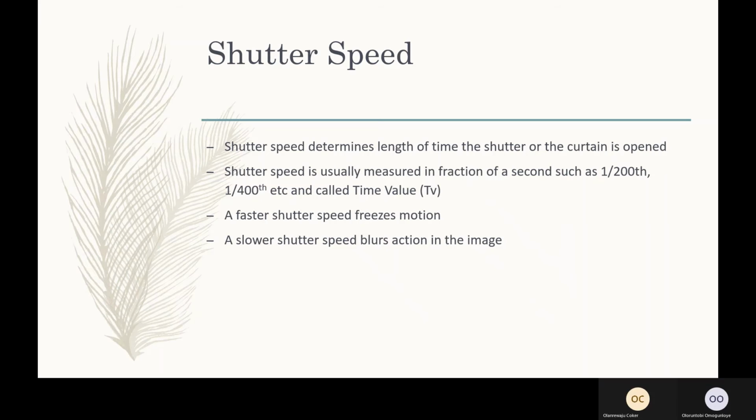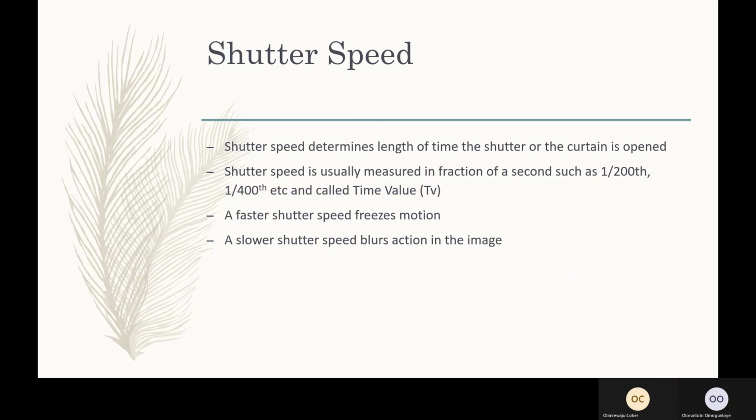The next thing we want to talk about is shutter speed. The lens helps you determine the amount of light that enters through the open aperture. It tells you the opening of the lens to allow light to enter. Shutter speed is what is between the lens and the camera sensor.